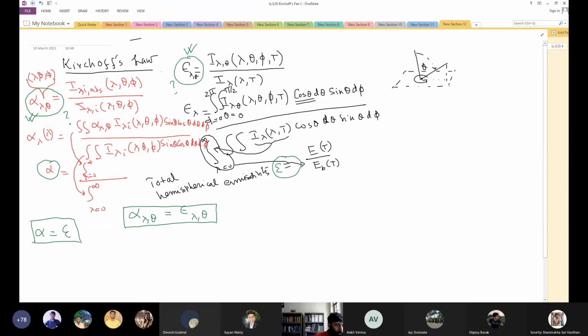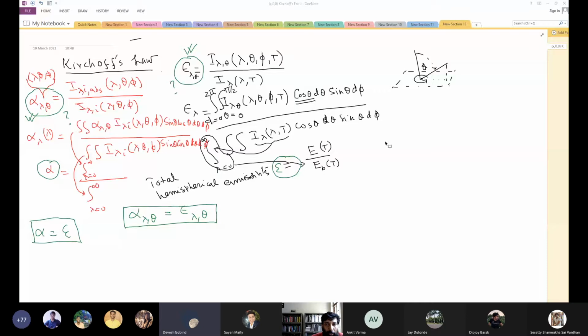And now there are some long expressions. I don't want to write those. Let me take a screenshot and show you, and that will tell us under what conditions we have this equality. Sir, how did we come to this expression, alpha equal to epsilon?